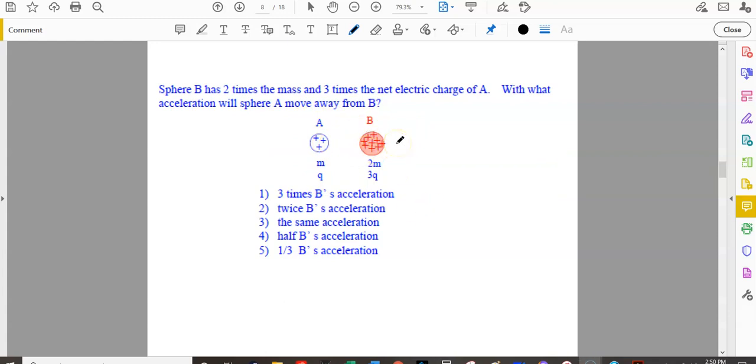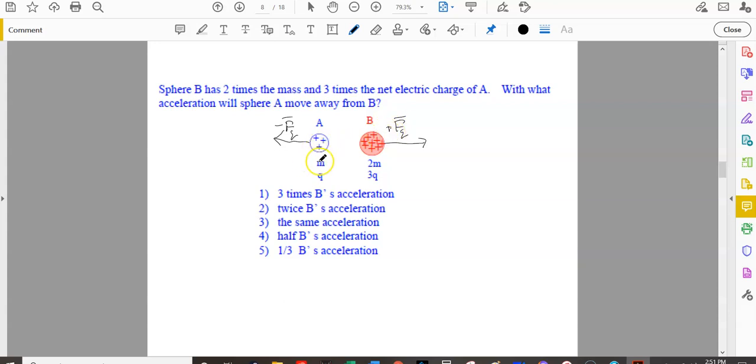Well, we're going to have to do a force diagram to answer this question. Sphere A is going to be repelled away from sphere B, and those two forces are going to be equal and opposite. I'm going to call this force the Coulomb force, to the left, and this one is also the Coulomb force, to the right.